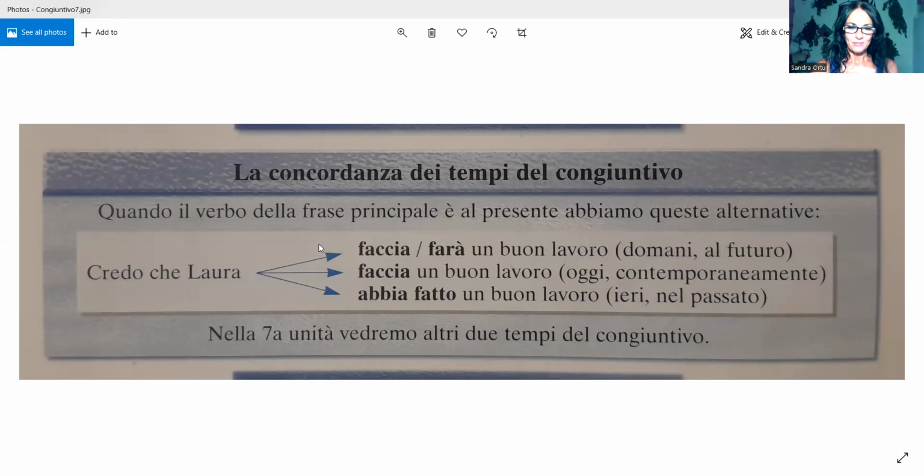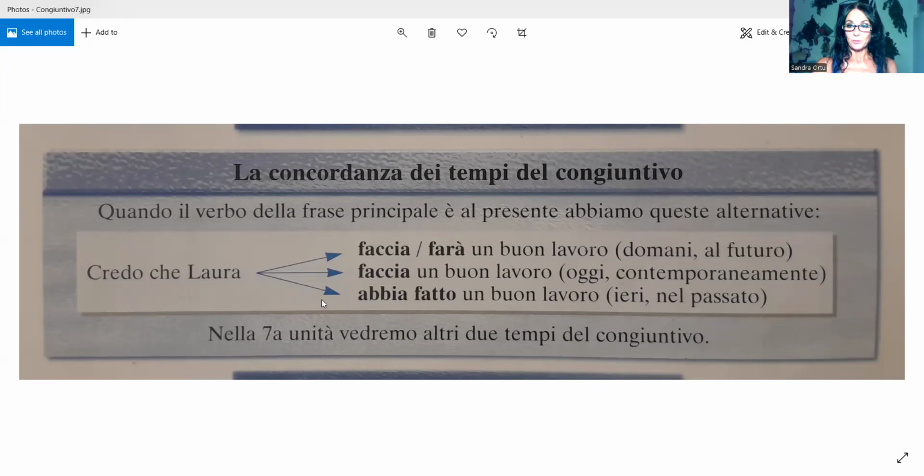So let's be super strict. Otherwise, what's the point, really? So if you're talking about something that happens even on a regular basis, like normally, I believe that Laura normally does a good job. So it could be, as I said, on a regular basis, or just today. I think she does, in general, a good job.